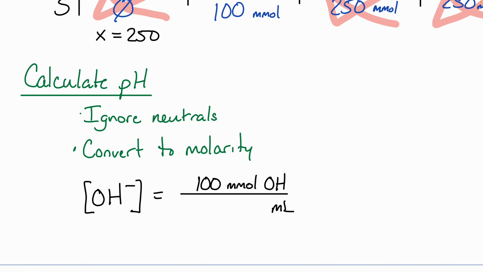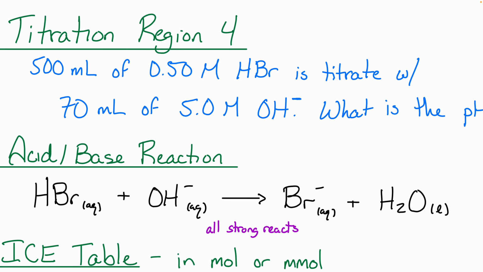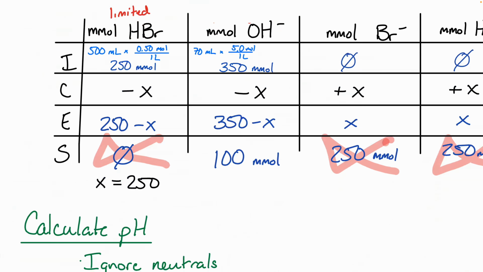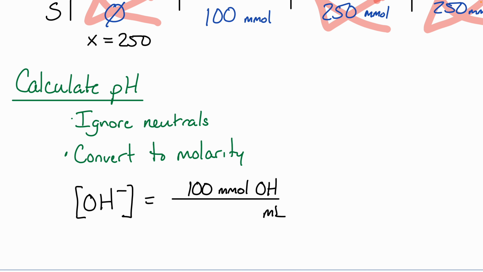What is my volume of my solution at this point? All right, so I have my initial volume of 500, and now I've added a total of 70 milliliters of that strong base. So yes, I'm going to take my 500, and I'm going to add that 70 mils.